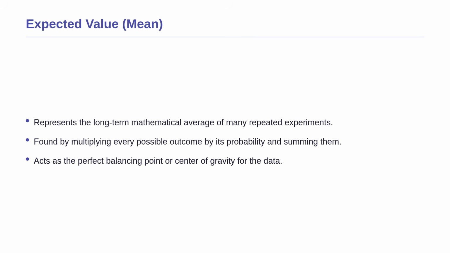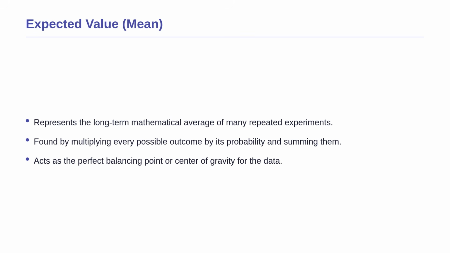Now that we can visualize the probabilities, let us talk about the center of our data, known as the expected value or mean. The expected value is incredibly important because it tells us the long-term mathematical average we would get if we repeated our random experiment thousands of times.